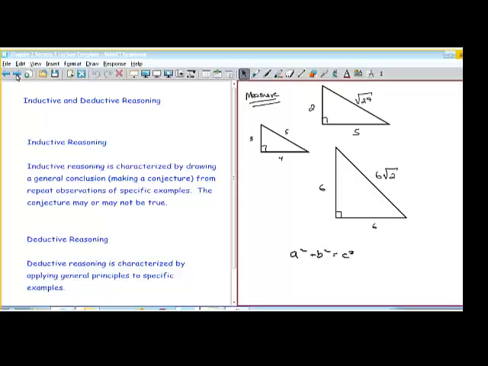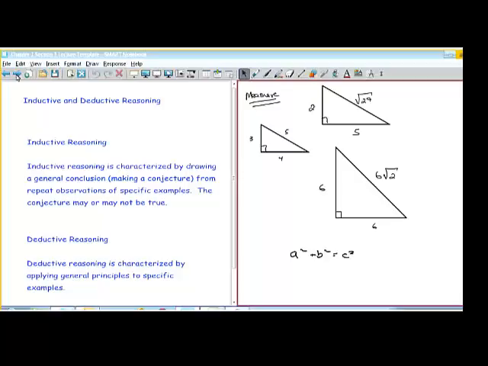And then I say, well, is there any kind of mathematical relationship I can come up with relating the lengths of the 2 sides to the length of the hypotenuse? Hopefully you vaguely remember something called the Pythagorean theorem. So I would use inductive reasoning to come up with this result.